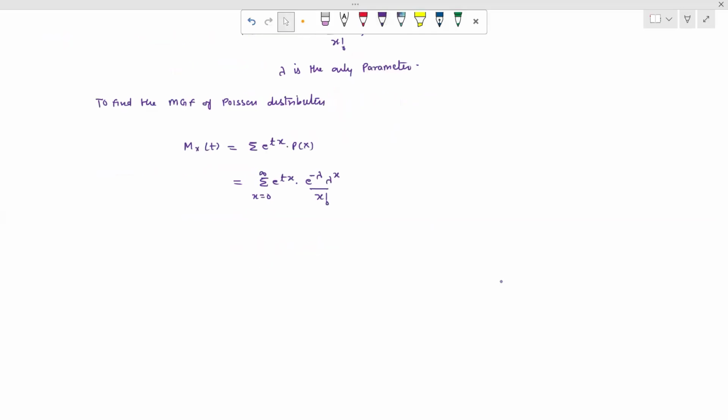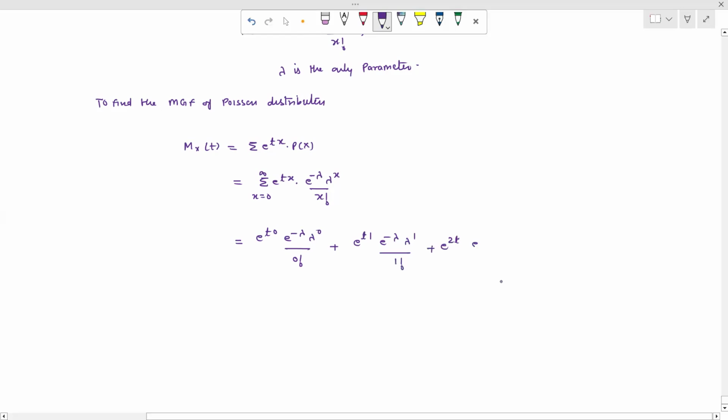Now when we open the summation, we write e raised to the power t into 0, e raised to the power minus lambda, lambda raised to the power 0 upon factorial 0, plus e raised to the power t into 1, e raised to the power minus lambda, lambda raised to the power 1 upon factorial 1, plus e raised to the power 2t, e raised to the power minus lambda, lambda raised to the power 2 upon factorial 2, plus e raised to the power 3t, e raised to the power minus lambda, lambda cube upon factorial 3, plus and so on.